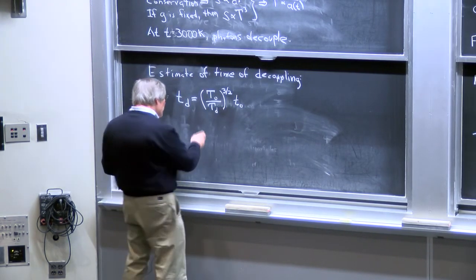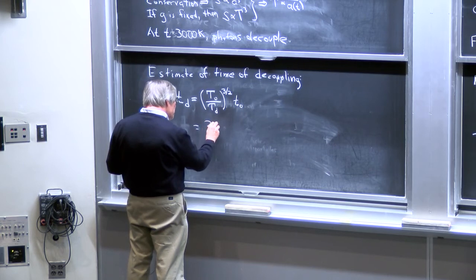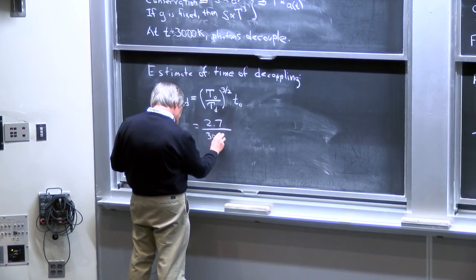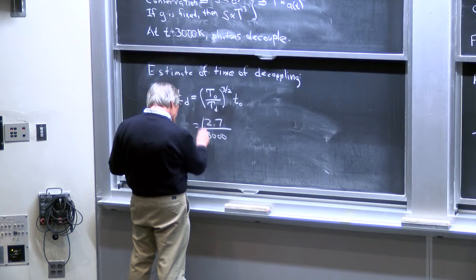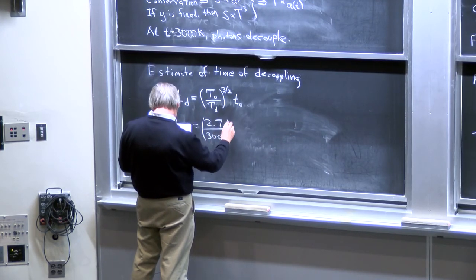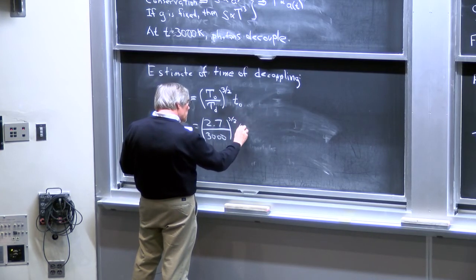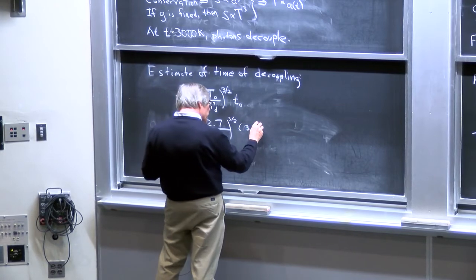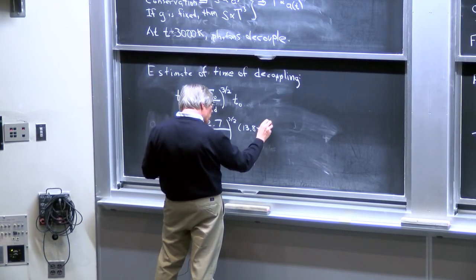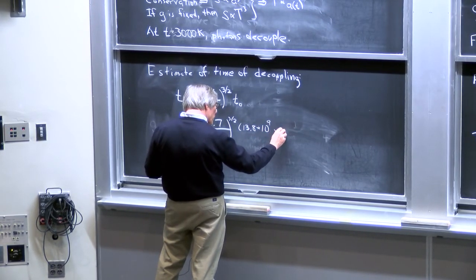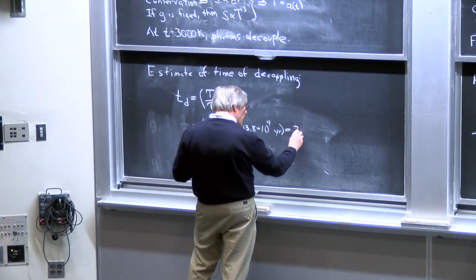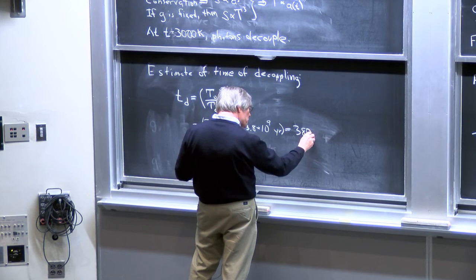And plugging in numbers, that's 2.7 over 3000 to the 3/2 times 13.8 billion years, and that's about 380,000 years.